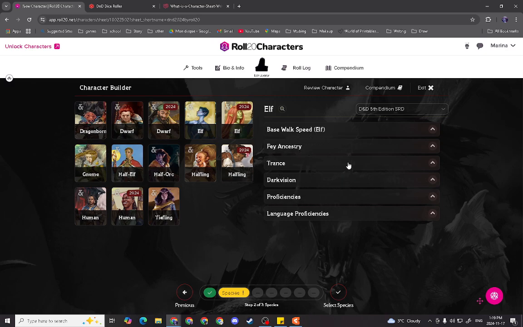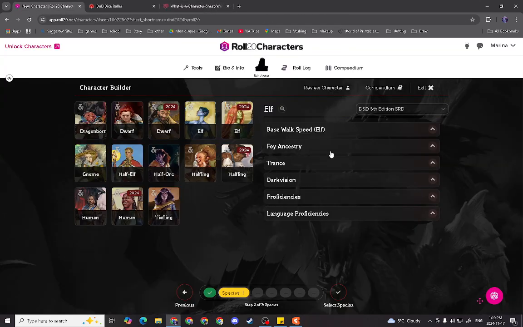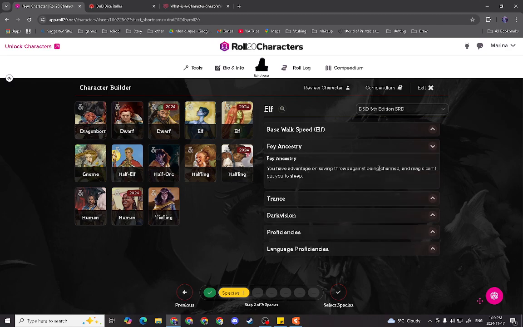So these would be your features and traits over here. Fey ancestry: you have advantage on saving throws against being charmed, and magic can't put you to sleep. So when someone attempts to do a spell that affects your mind, you get a +2 on your roll to defend against it.